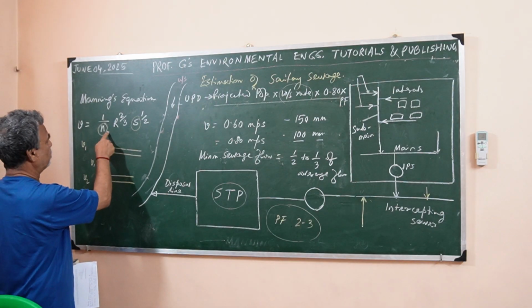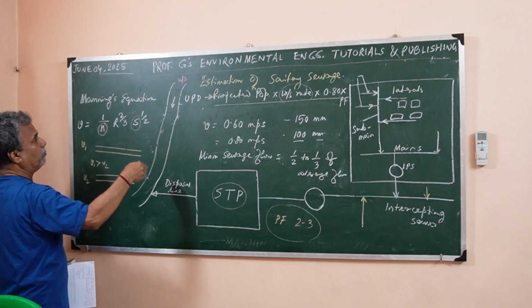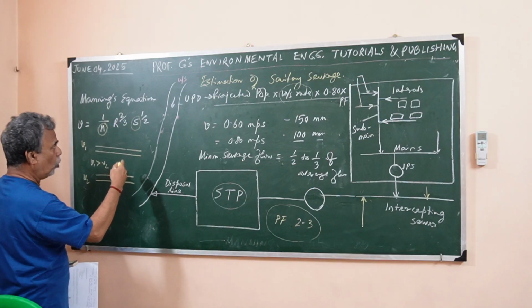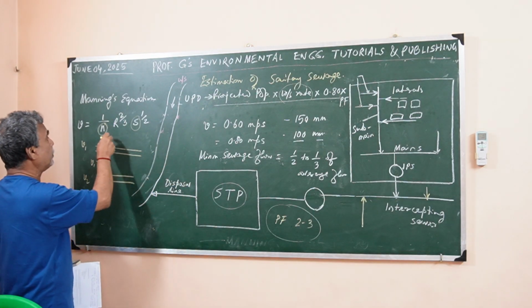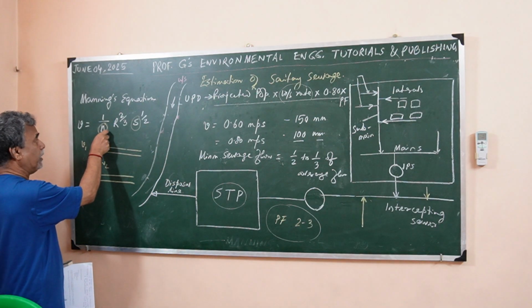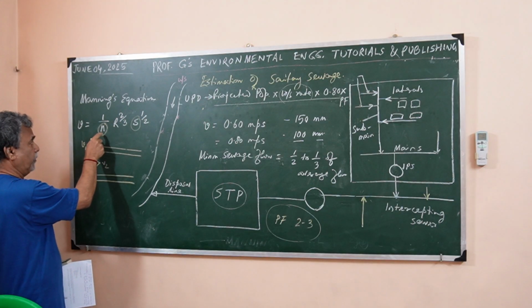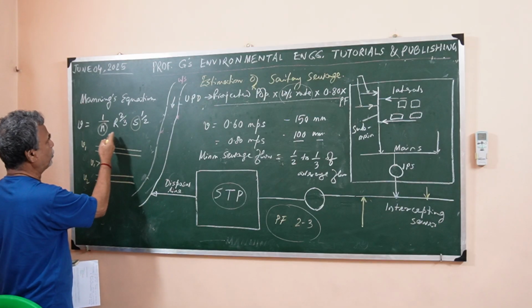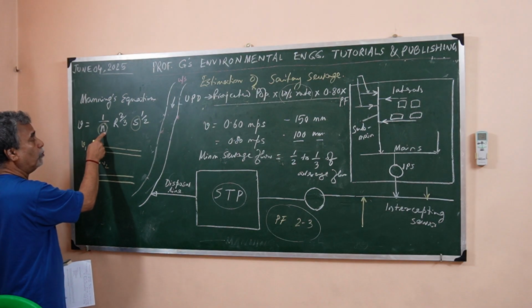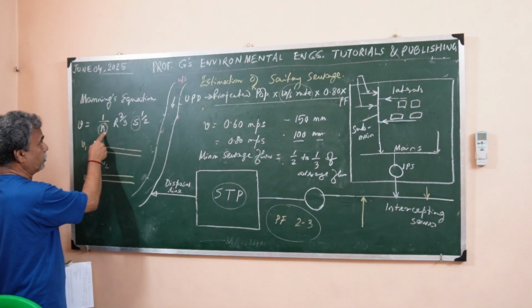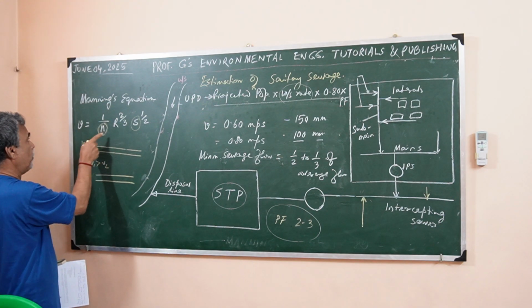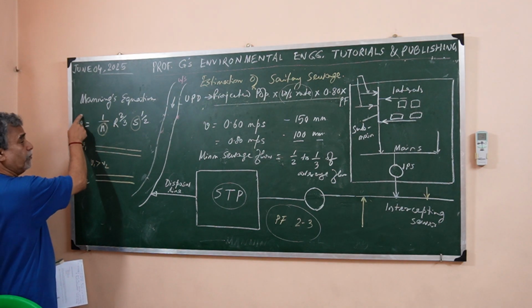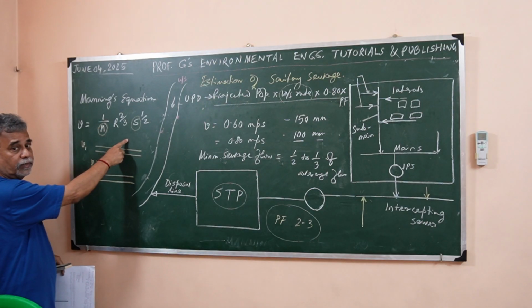So this Manning's rugosity coefficient, as the pipe gets older, or different kinds of pipes, have different rugosity coefficients, and as the pipe gets old, this value will be more and more for Manning's equation. As a result, for old pipe the V value will be lesser, remember.